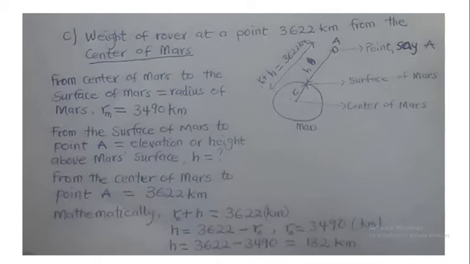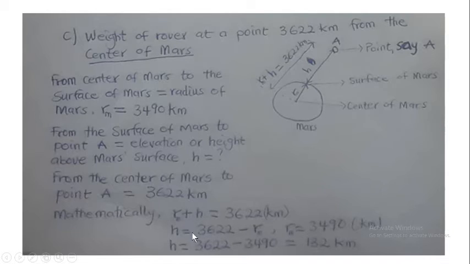And so when you do that, you realize that from the center of Mars here, this is our mass, and then from the center of Mars to the surface is the R, and then from the surface to the point, we denote it by h. Now R plus h is given to us to be 3,622 kilometers. And so when you do that, you see that you get this expression, and then you know the radius of Mars to be 3,490.